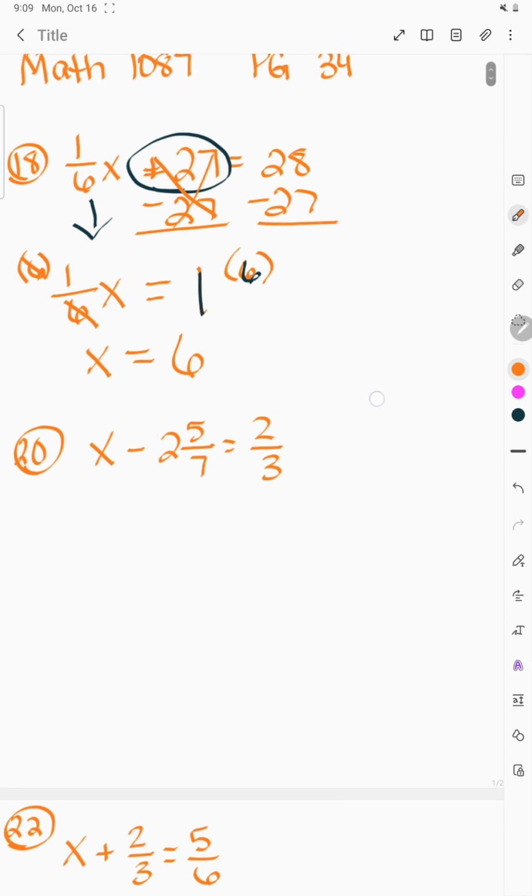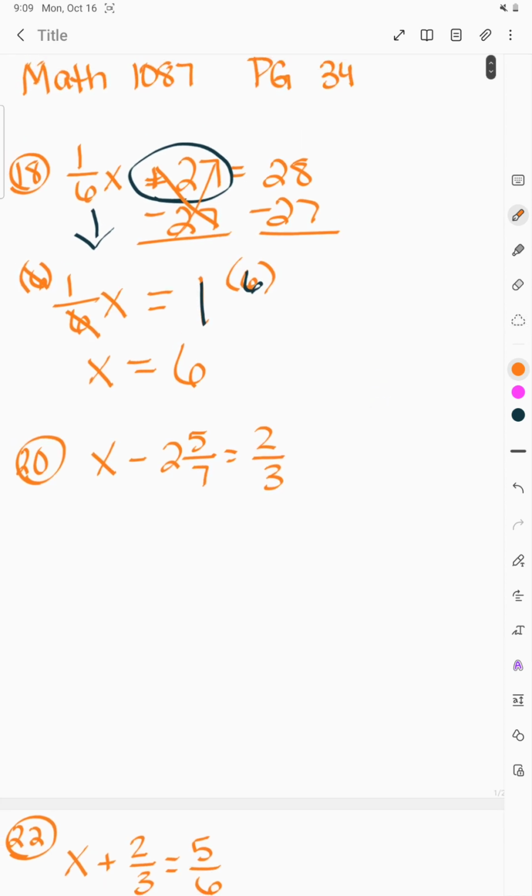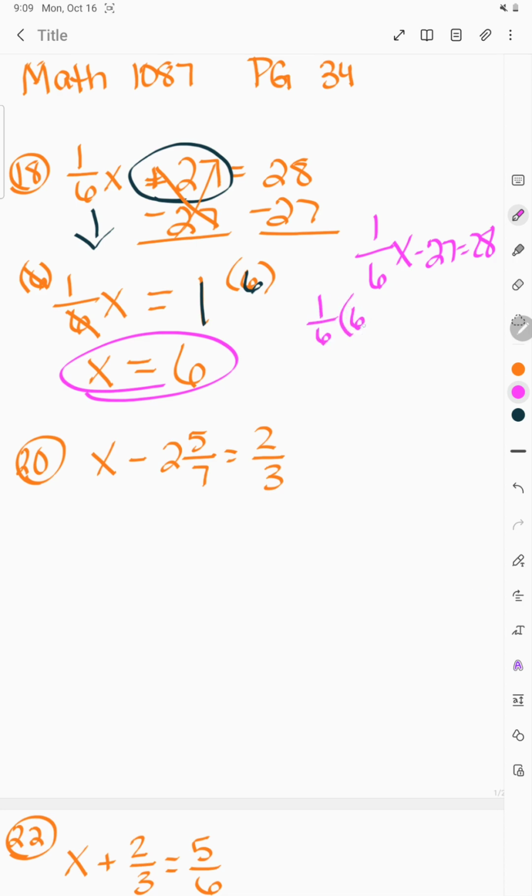Okay, so to check your problem to see if you got the right answer, you just plug in 6 for x. So you have 1/6 x, plus 27 equals 28. So 1/6 times 6 plus 27 equals 28.